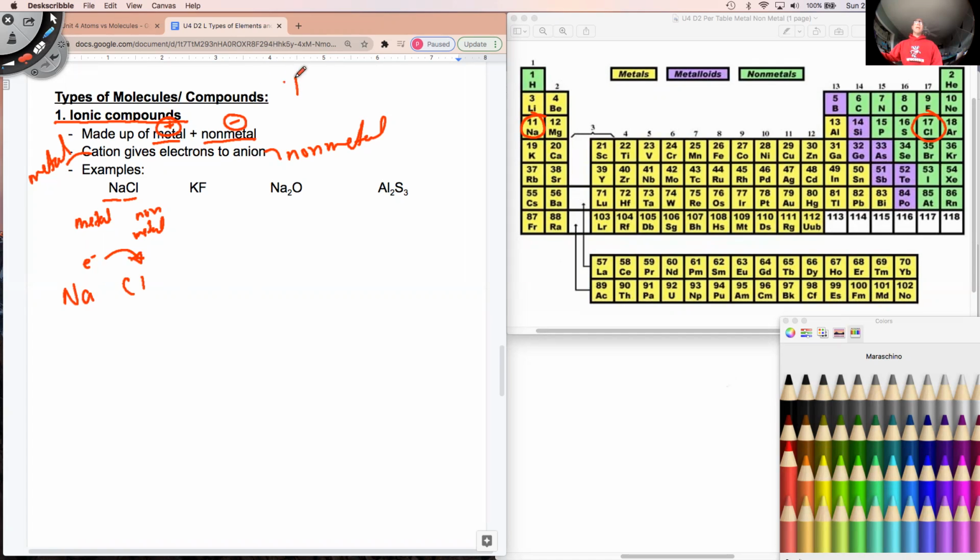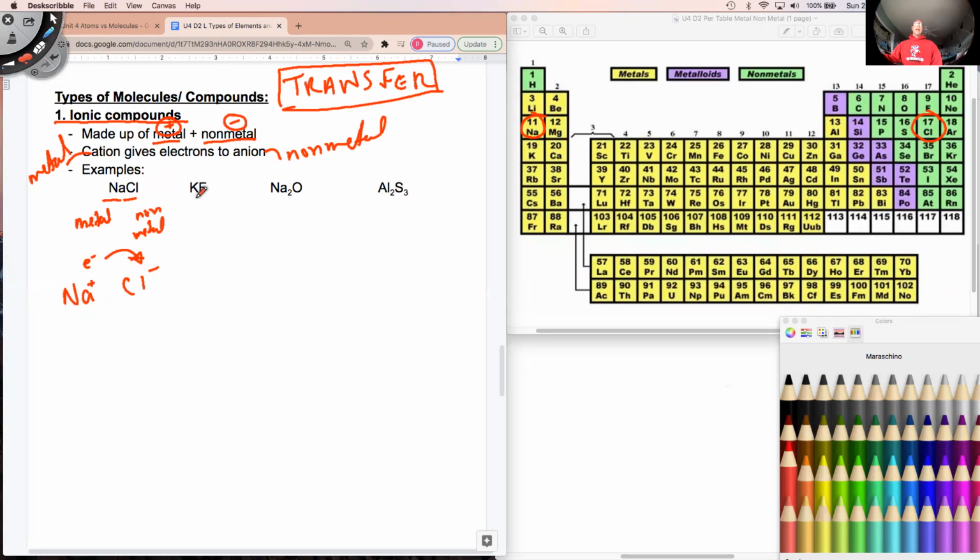Ionic compounds have what's called a transfer of electrons. Transfer. You're going to want to write that one down in your notes. A transfer of electrons, which means the sodium is going to be plus charged and the chlorine is going to be negative charged. The sodium gives its electron to the chloride, and that's why they get along so well.